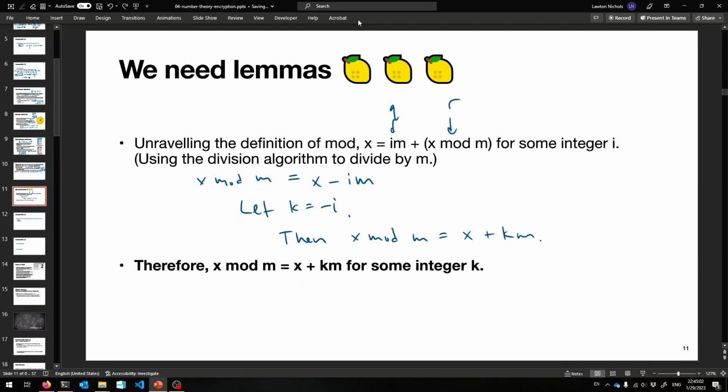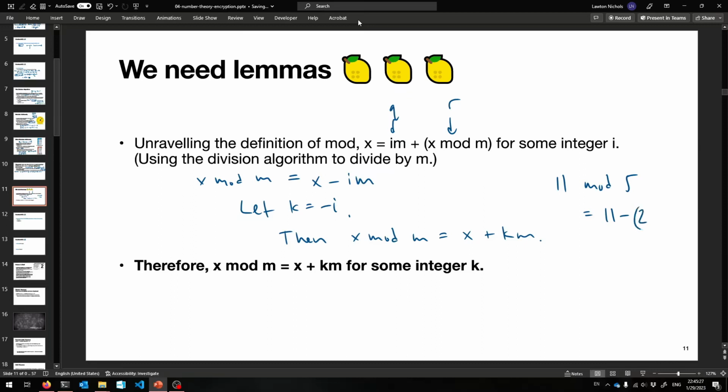Let's use this in an example. That is the proof. We really just proved it. But here's what it means. If you're trying to do 11 mod 5, for example, what we've just proven is that that's equal to the original number minus some integer multiple of your modulus. And this integer multiple is essentially the quotient, negated, kind of.